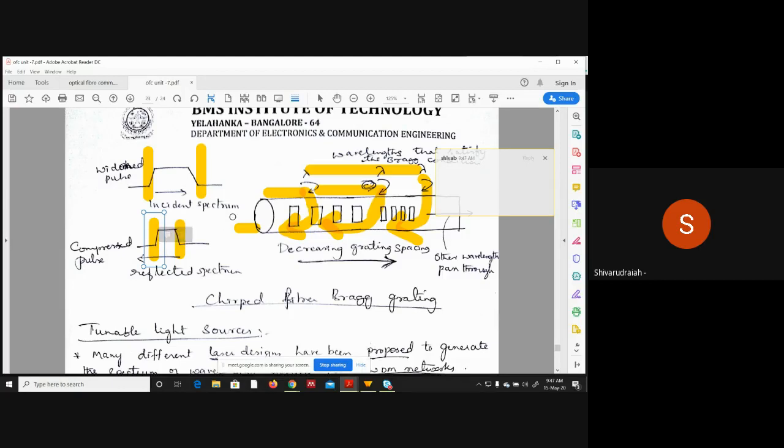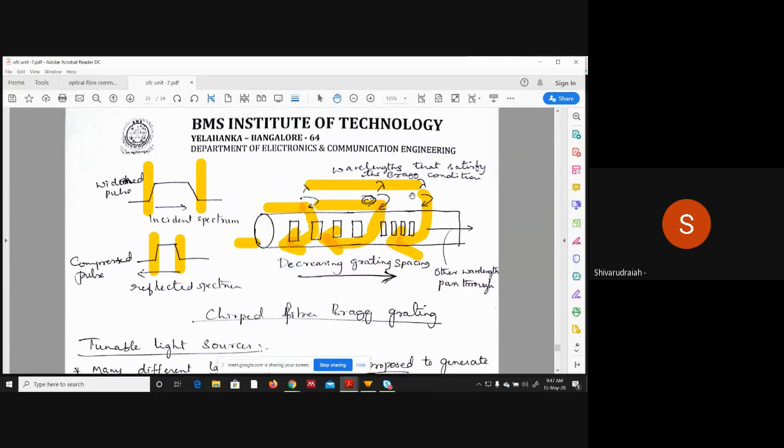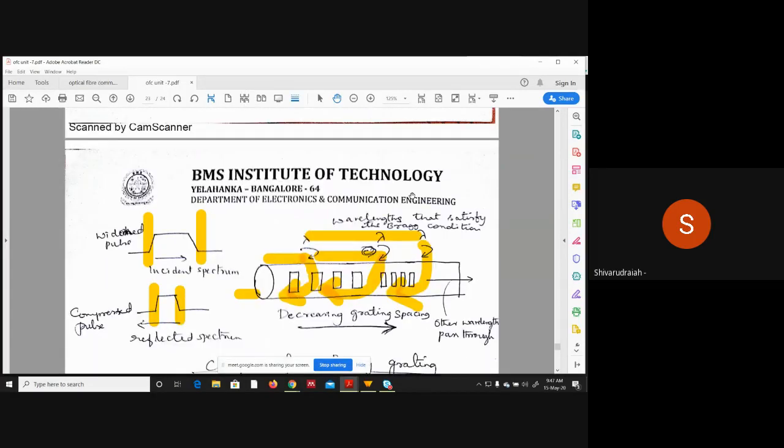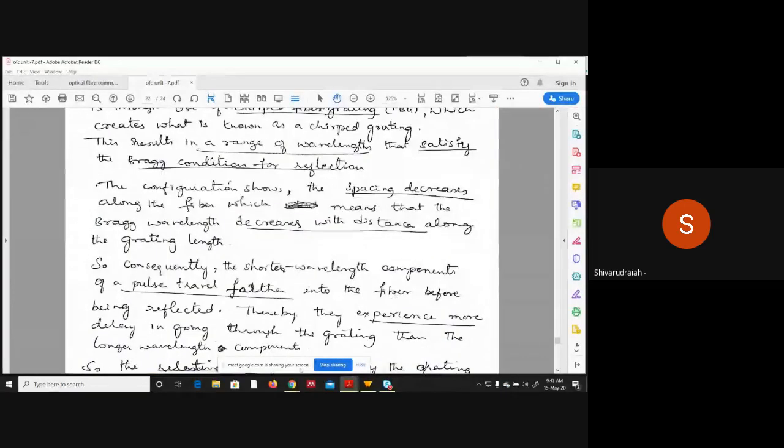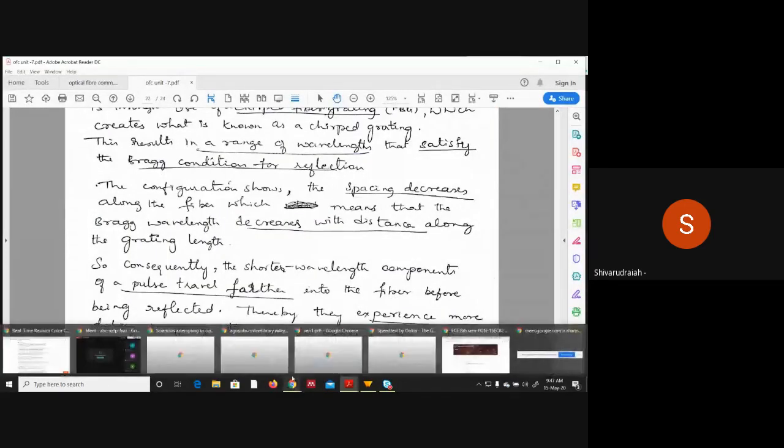So the effect of dispersion, particularly chromatic dispersion, is being compensated by using this non-uniform grating structure, what we call chirped fiber Bragg grating. Is that clear? The working of chirped fiber Bragg grating, that is the chromatic dispersion compensator.